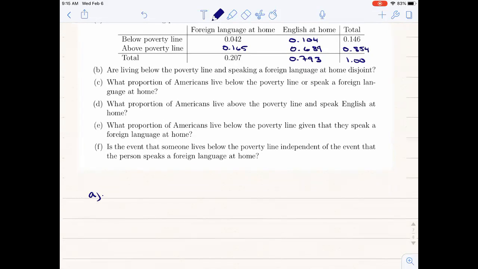So filling out that table, just keeping in mind, right, that those lines and the columns have to add to whatever is at the end of the line or the column, and the margins have to add to 1.